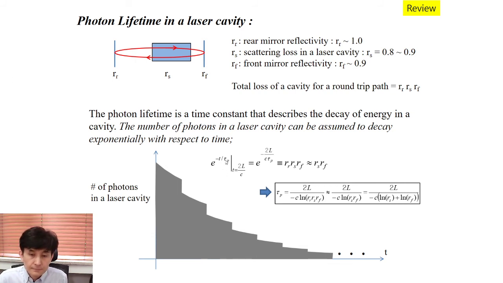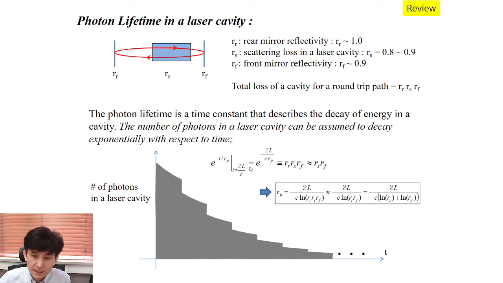The decay is exponential, e to the minus t over tau, the photon lifetime, and t is the round trip time, 2L over c, the time for a round trip of a photon inside this cavity.